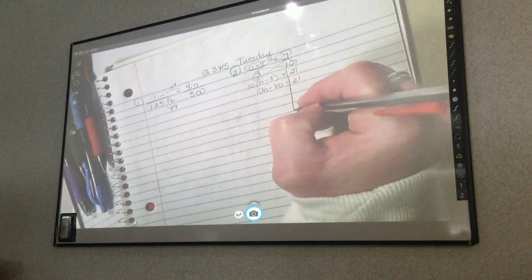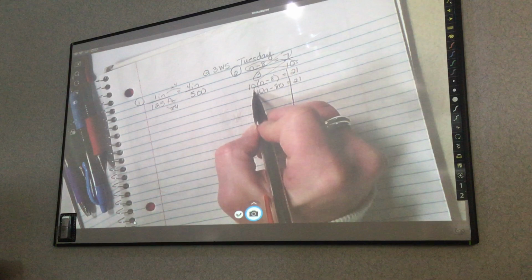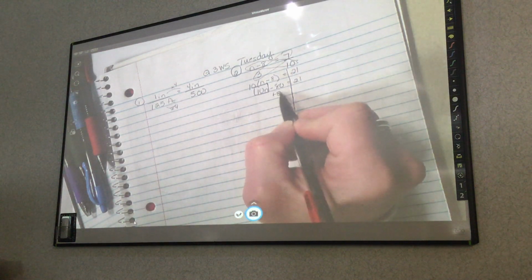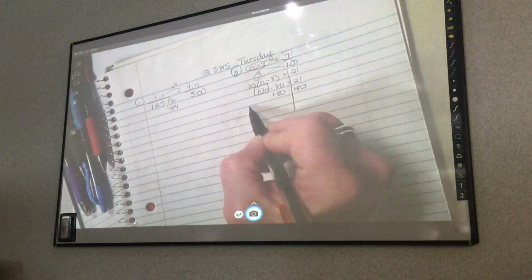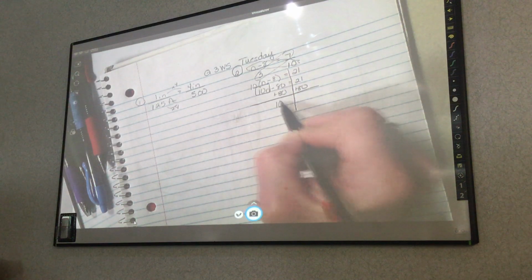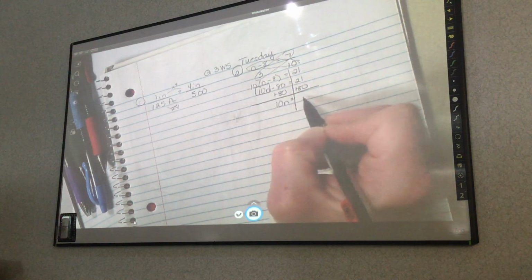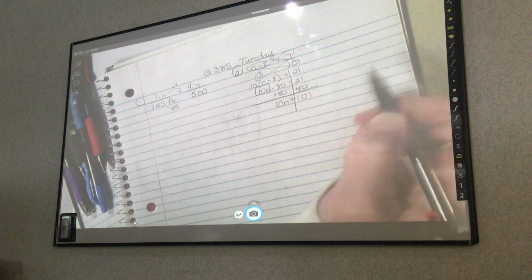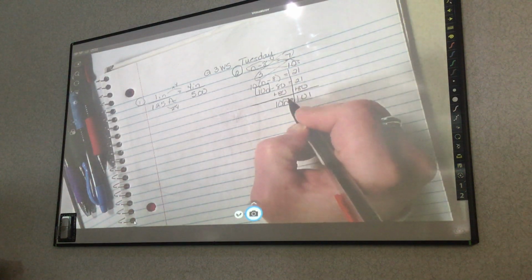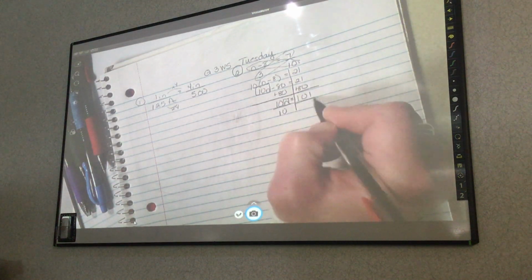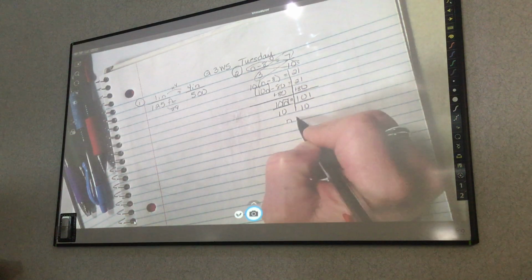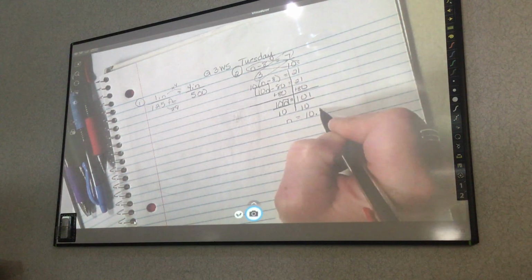Draw my line. Box up my 10n, add 80 to both sides. So 10n equals 101. Box up my n, and now I'm going to divide by 10 on both sides. So n equals 10.1.